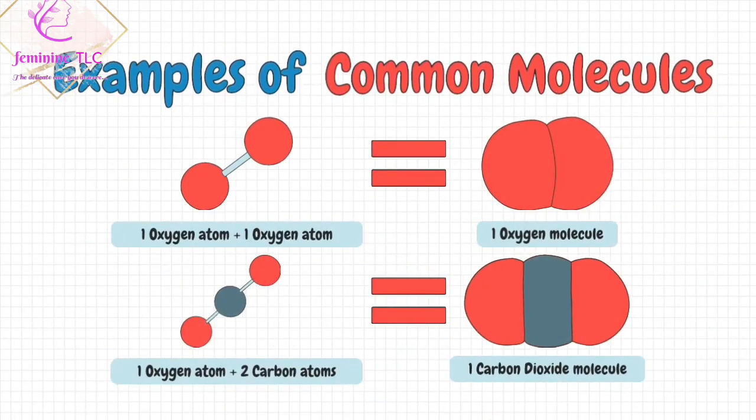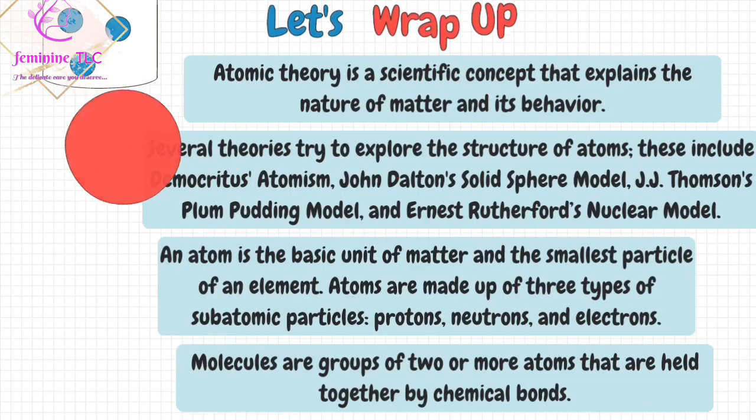Now, more examples are one atom of oxygen bonding with another atom of oxygen to form one oxygen molecule, or one carbon atom plus two oxygen atoms to form carbon dioxide molecule. That is one carbon dioxide molecule.